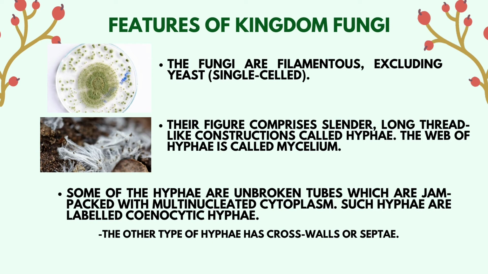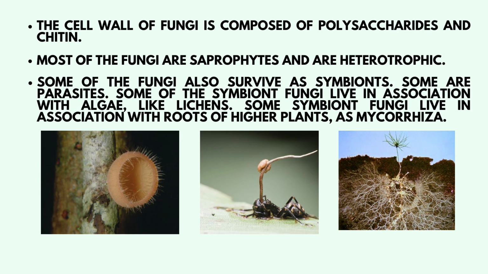Some of the hyphae are unbroken tubes which are jam-packed with multinucleated cytoplasm. Such hyphae are labeled coenocytic hyphae. The other type of hyphae has cross walls or septae. The cell wall of a fungus is composed of polysaccharides and chitin.